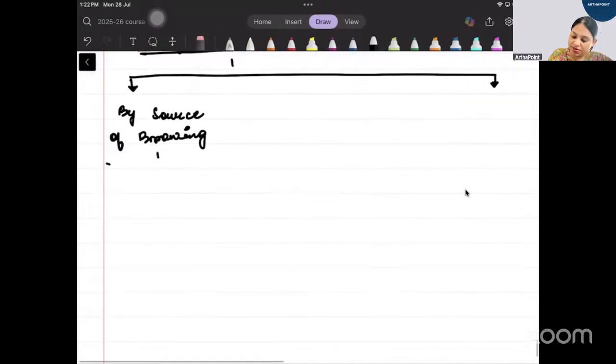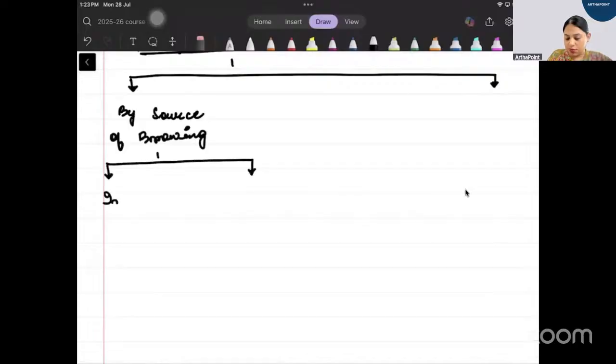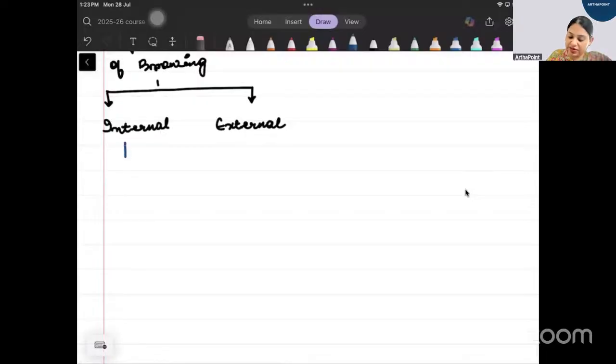And that is further divided into internal and external. Internal debt is raised from within the country.